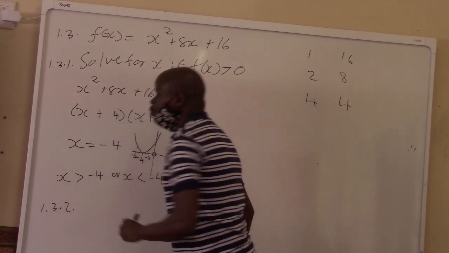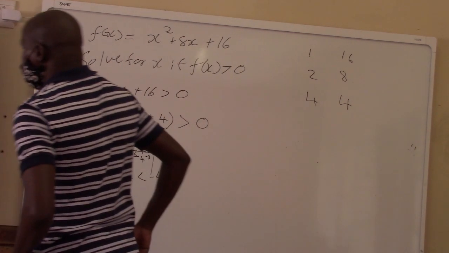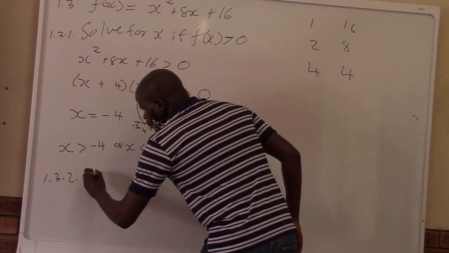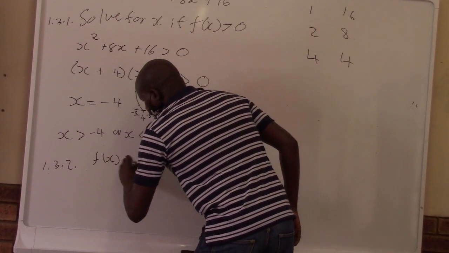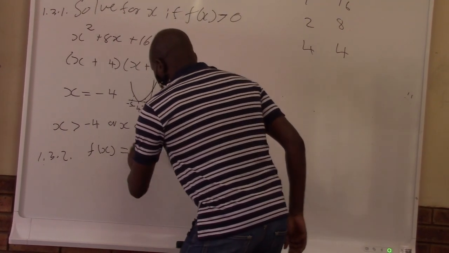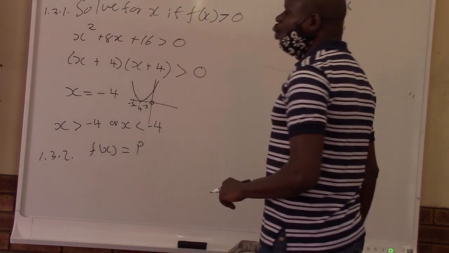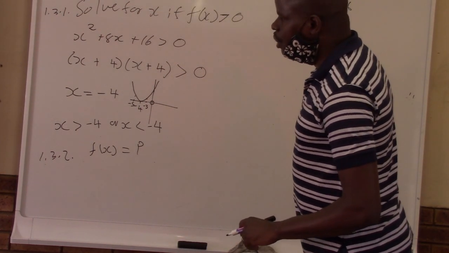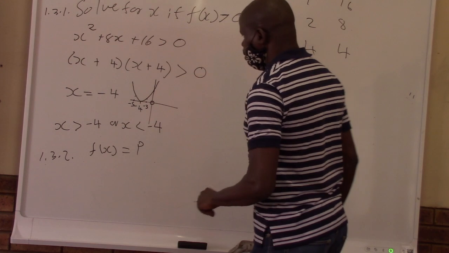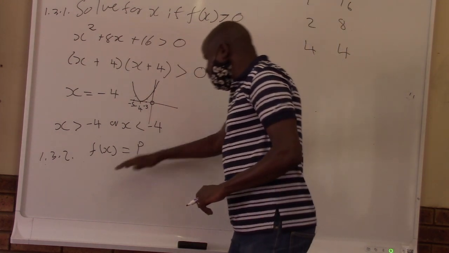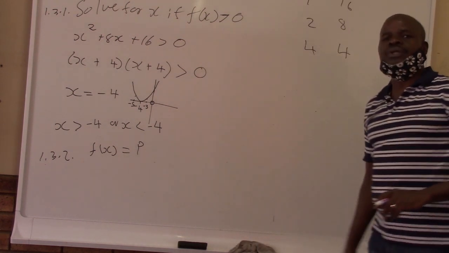1.3.2, they are saying, for which values of p will f of x equals p have 2 unequal negative roots. In this case, we are dealing with the nature of roots.